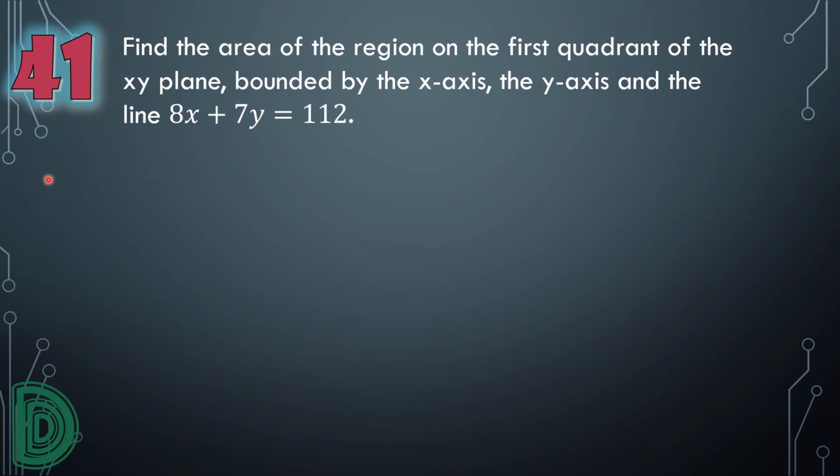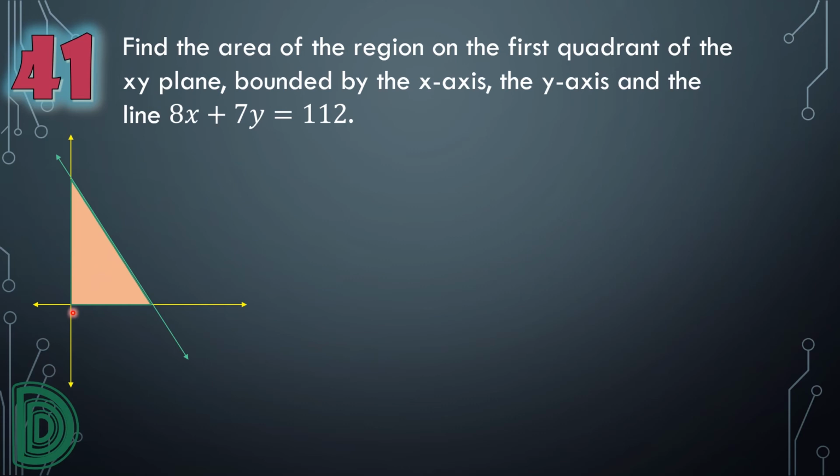The area bounded by the x-axis, the y-axis, and 8x plus 7y equals 112 is a triangle. Hence, to solve for the area of that triangle, the x-intercept and the y-intercept of the line 8x plus 7y equals 112 must be identified.